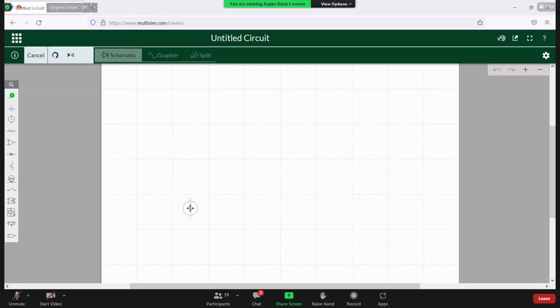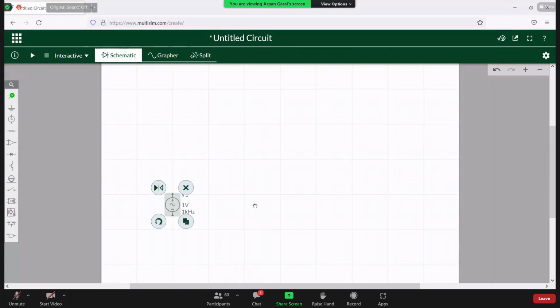First, we take the AC voltage. This is the input signal, so the input signal will be given from that.